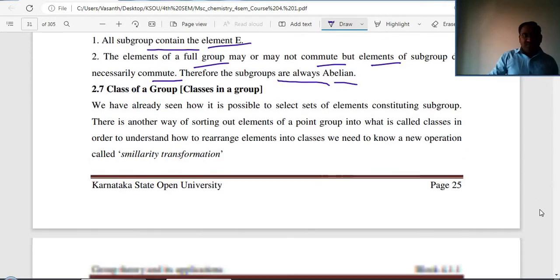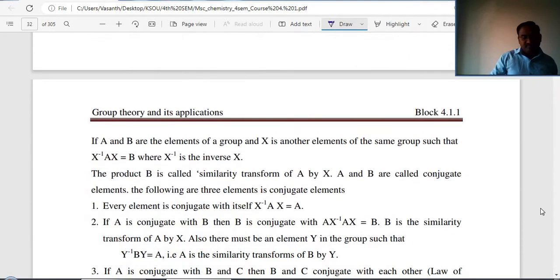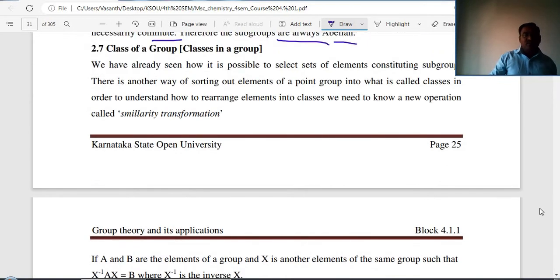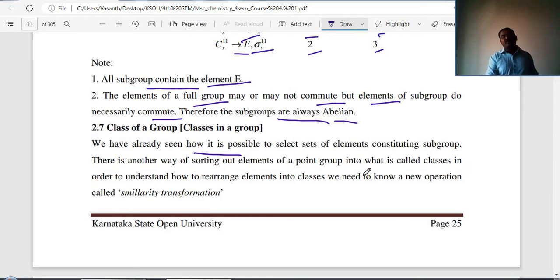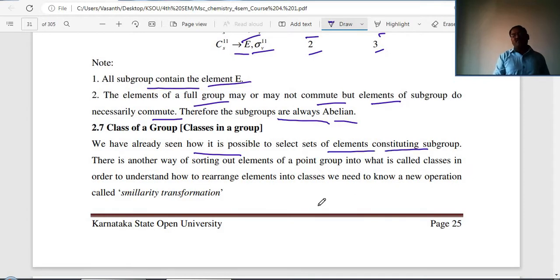What are the classes of a group? We have already seen how it is possible to select sets of elements constituting subgroups. There is another way of sorting out elements of a group into what are called classes.